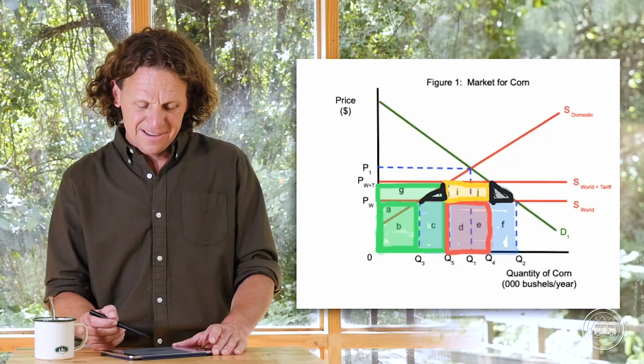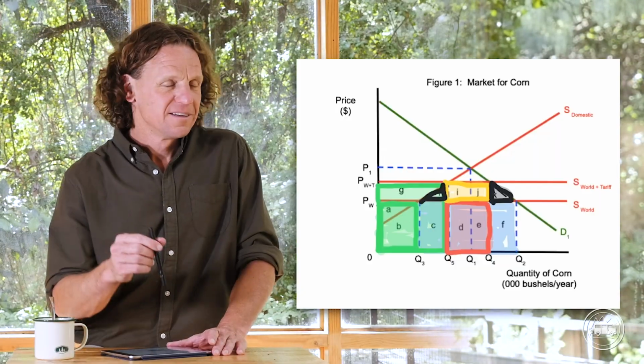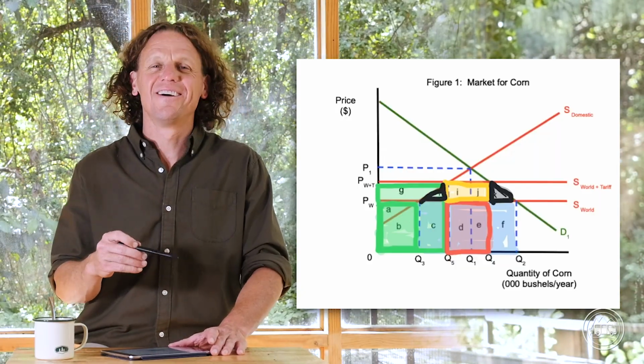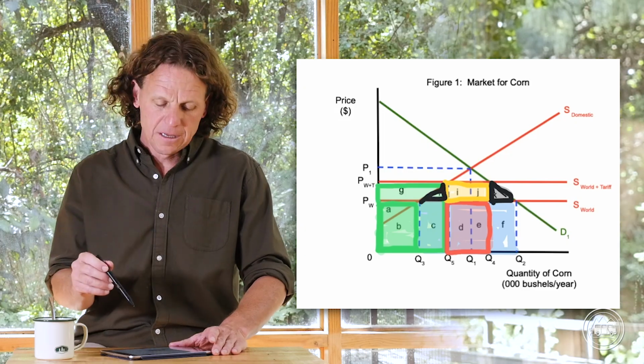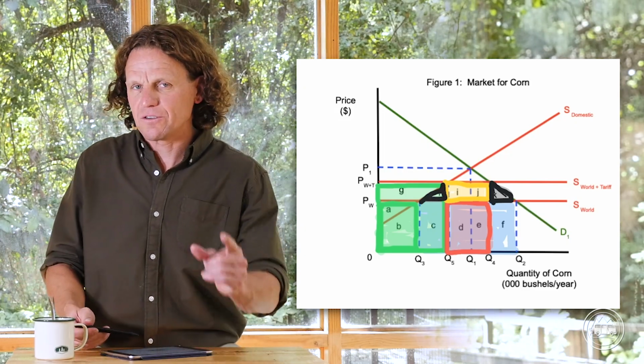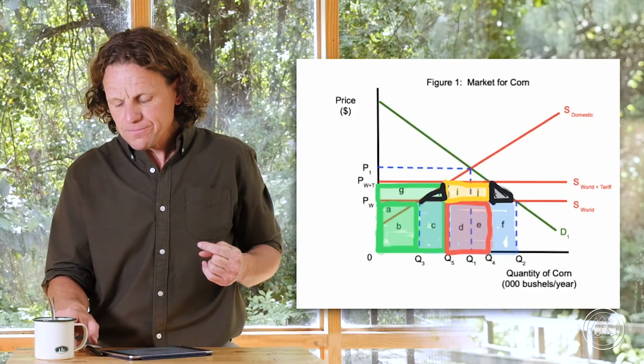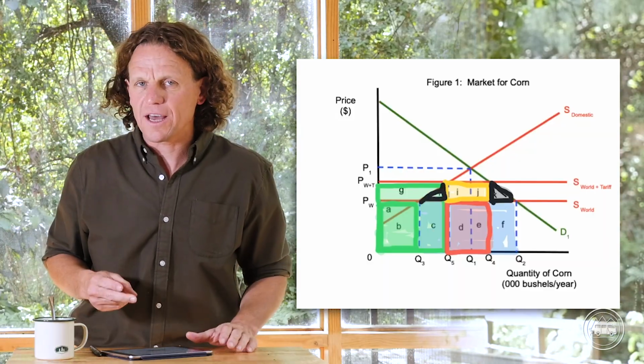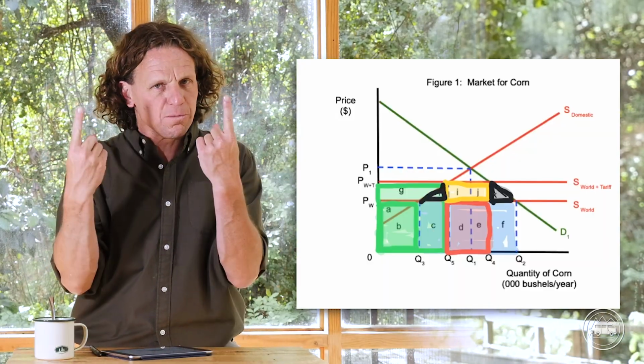You got that? Now, one of the cool things, pay attention to the black triangles. Because we're going to move on to the subsidy diagram, and in the subsidy diagram, you're going to see that there's only one black triangle. Then we're going to move on to the quota diagram, and you're going to see that there are two black triangles.